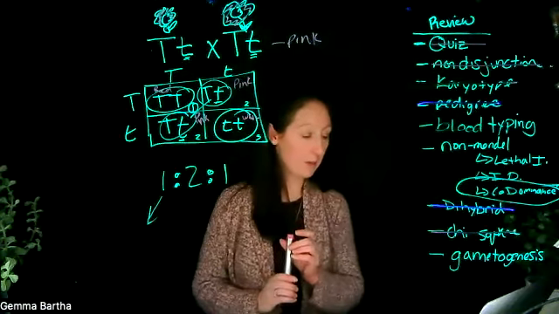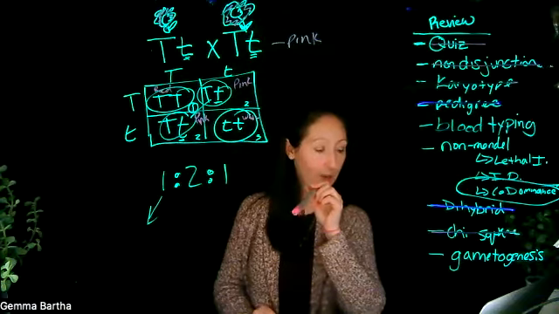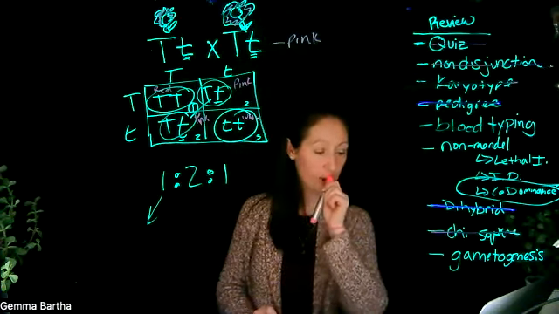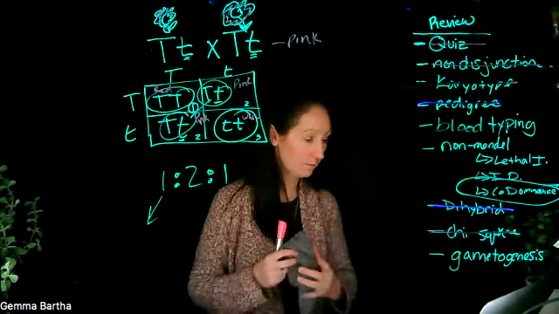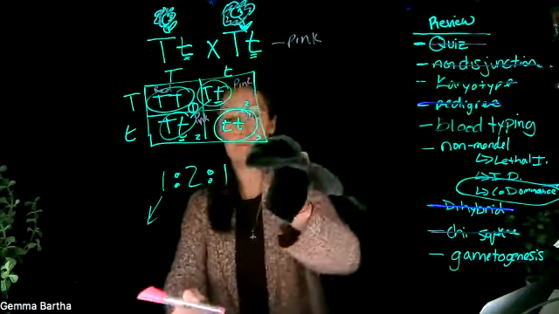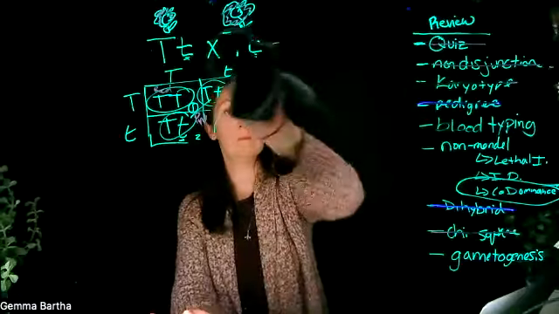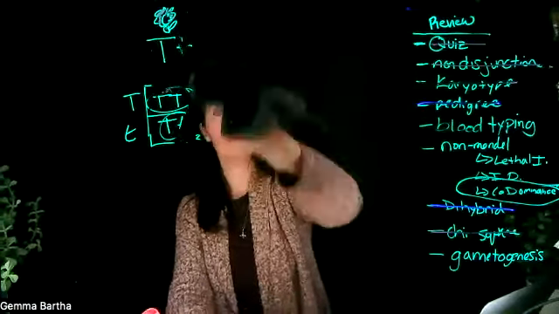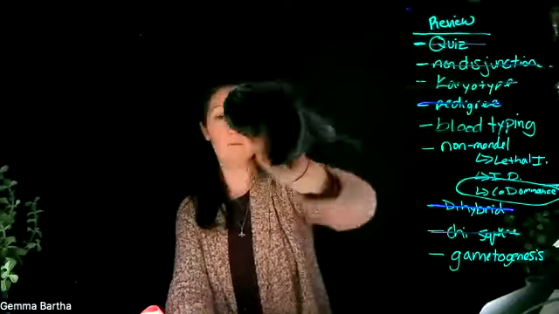This is incomplete dominance. If it was co-dominant, you would have two that were actually dominant. Great question, though.